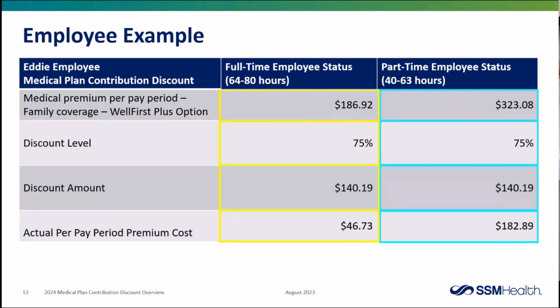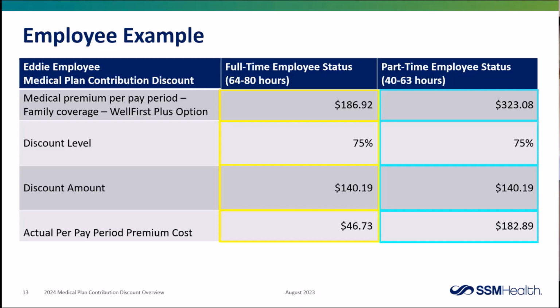If Eddie then moved to a part-time position, as shown in the blue highlighted column, he would still be eligible for the discount of $140.19, which is the absolute dollar amount that a full-time employee receives for that level of discount with the same medical plan election. His part-time premium for family coverage is $323.08 each pay period.